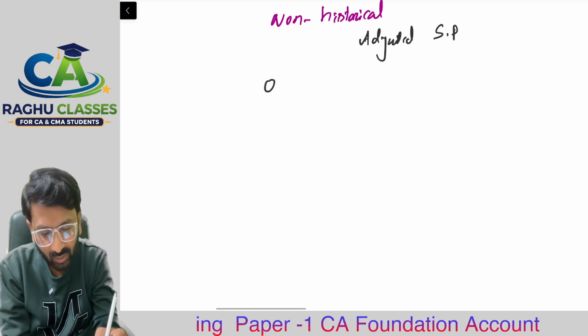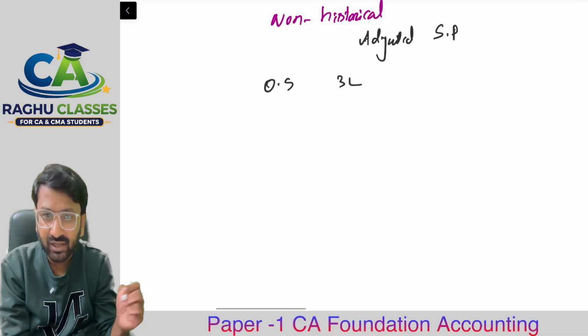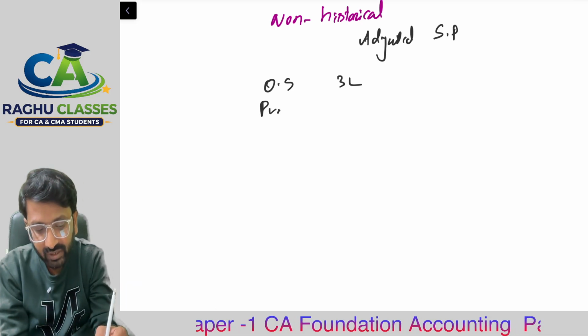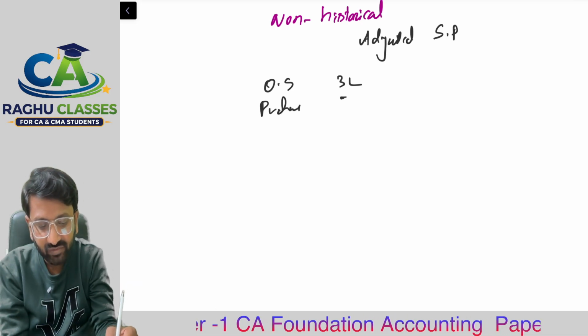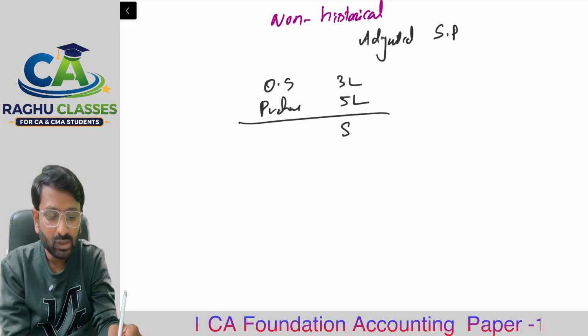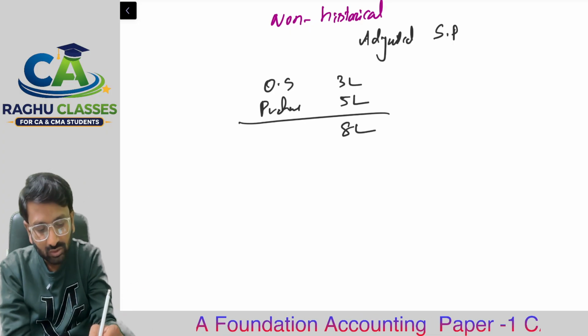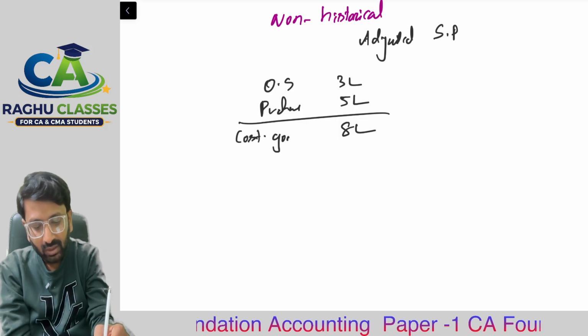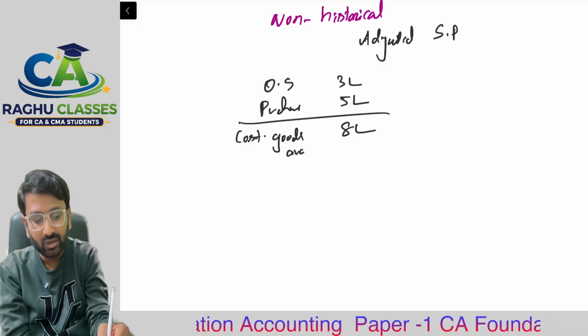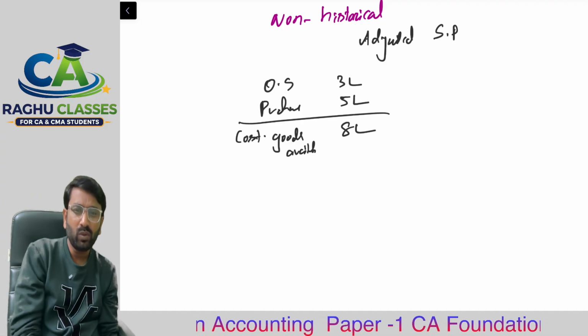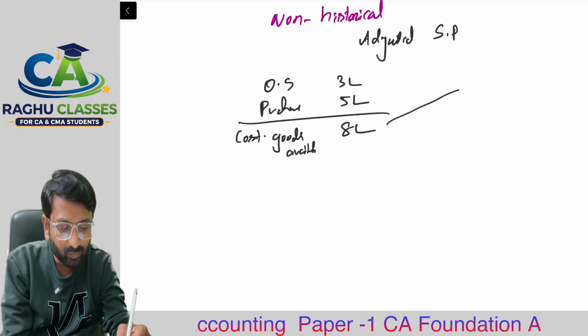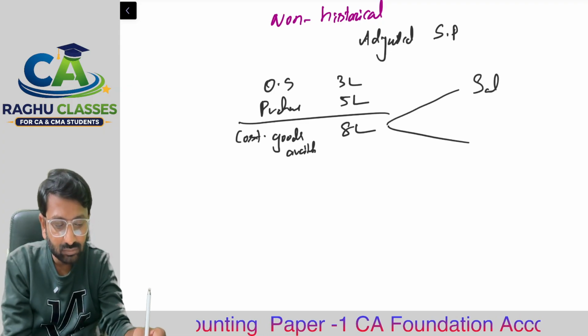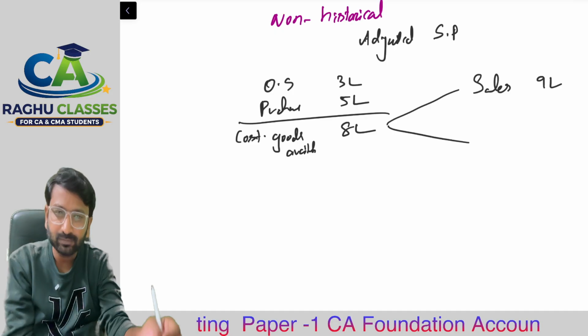Let's say we have opening stock 3 lakh, then we made purchases, let's say 5 lakh. So totally 8 lakhs worth of goods. This is the cost of goods available with me. 8 lakhs is available. Now let's say out of this 8 lakh, we sold some item, sales value is 9 lakh.